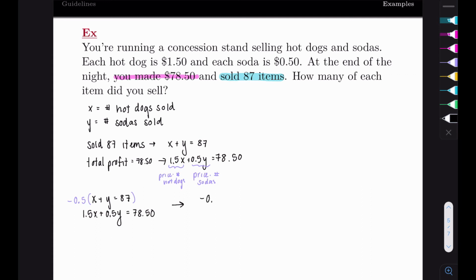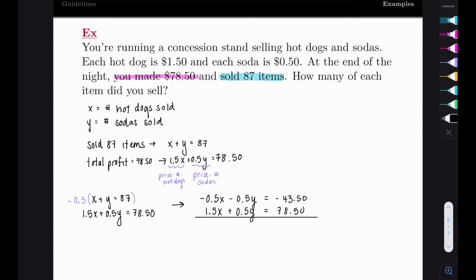That gives us negative 0.5x minus 0.5y. And if you take 87 and times it by negative 0.5, you get negative 4350. And then the second equation is completely untouched.